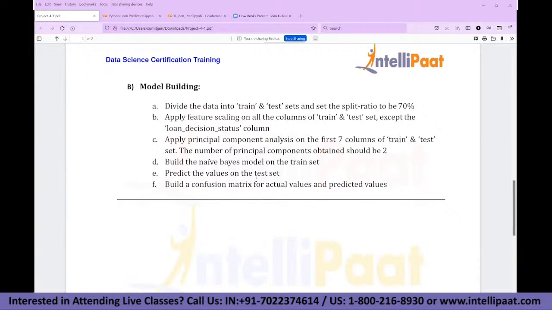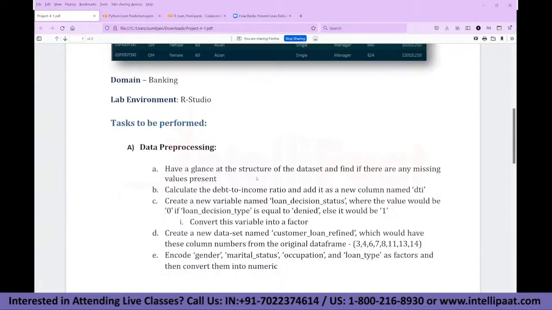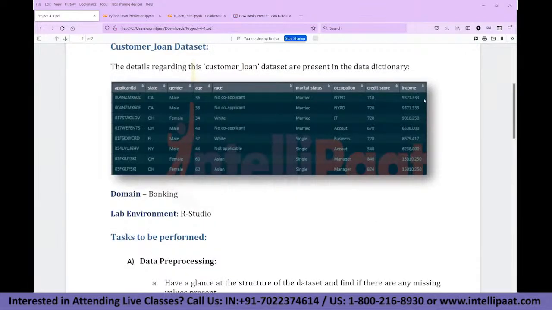Let's suppose originally it was 0, that means the loan should be denied for this particular applicant ID, right? But in reality, my model is predicting that it should be given. That means my prediction is wrong, and I'm losing accuracy there, right?